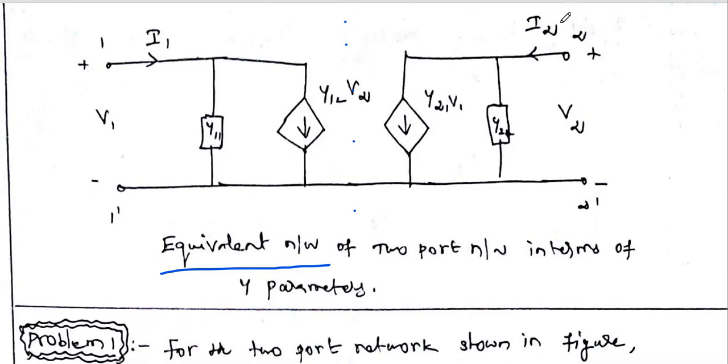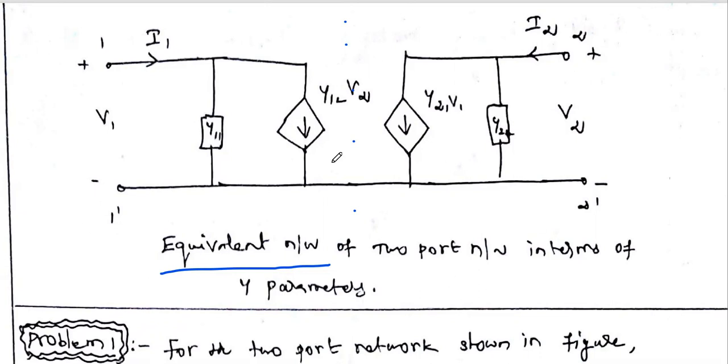Similarly, the output current I2 is written as Y22 into V2 plus the dependent current source Y21 into V1. This is the equivalent network of the two-port network. This is also one of the important 2-mark questions. They may ask, draw the equivalent network of a two-port network in terms of Y parameters. Similarly, in Z parameters also, this equivalent network is there.